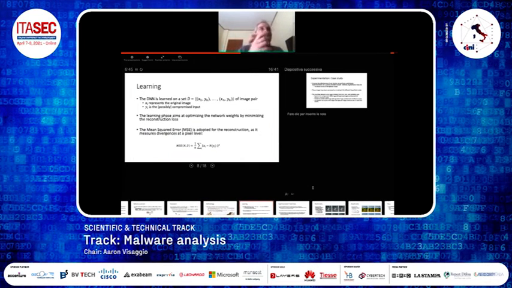As regards the learning, the DNN is learned on a set of image pairs where X represents the original, legitimate image, while Y is the compromised input.